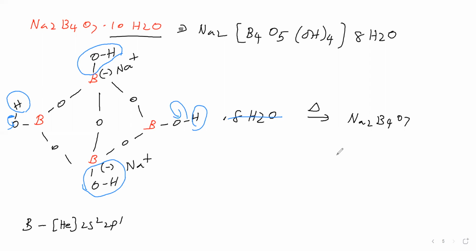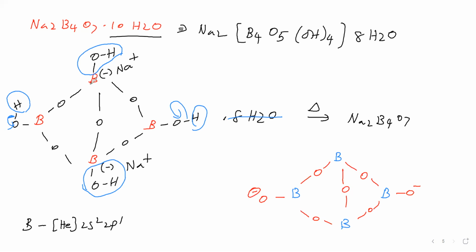Then what is the remaining? We will write 4 boron atoms. Between the boron atoms there is an oxygen linkage, an oxygen bridge. Then this oxygen is not removed, that oxygen we will write with a minus charge because this oxygen takes the bond. Similarly this oxygen takes the bond, therefore we write O minus.